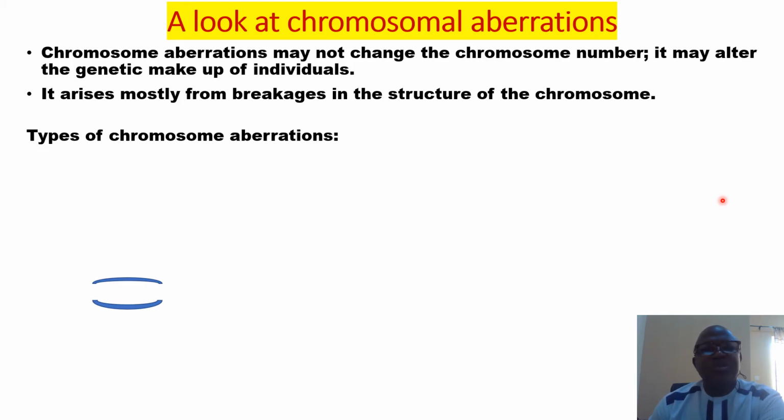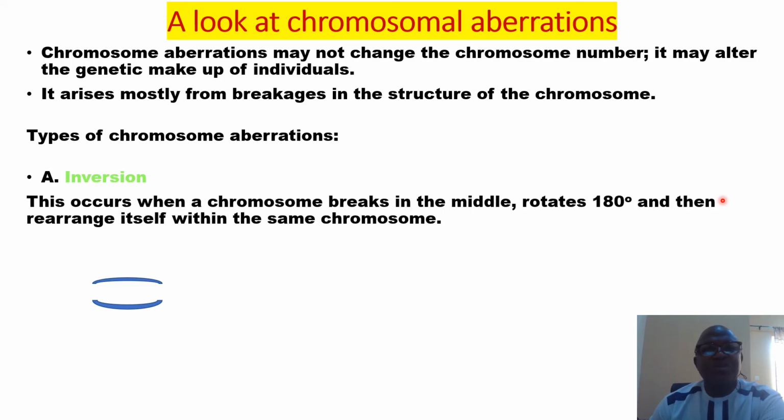These are the common types of chromosome aberration. We have inversion. In inversion, a chromosome breaks at this point and also at this point, and the segment rotates 180 degrees and rearranges itself within the same chromosome.